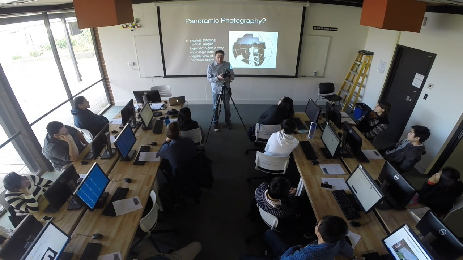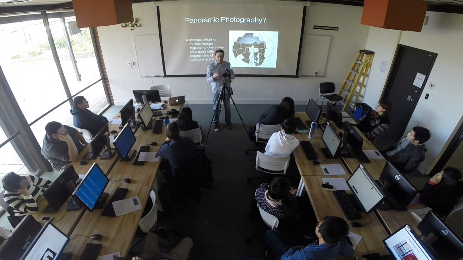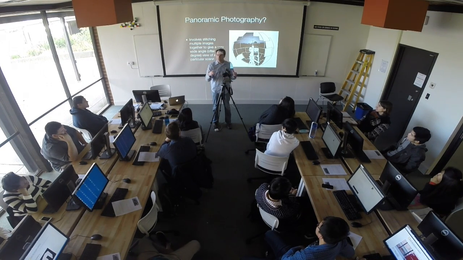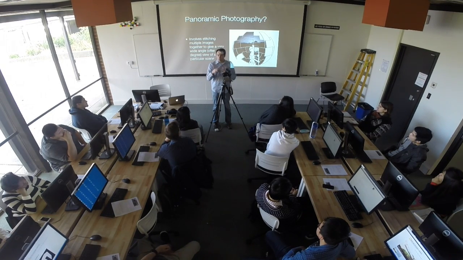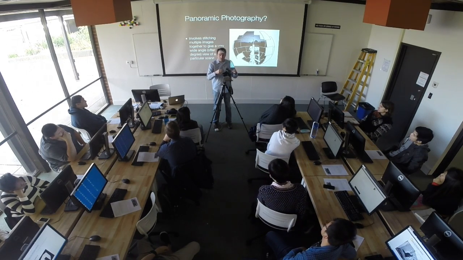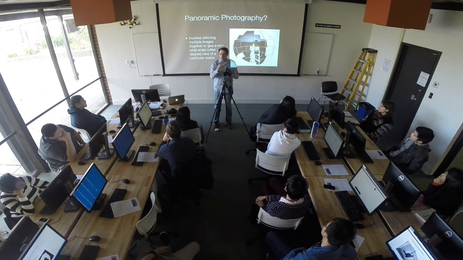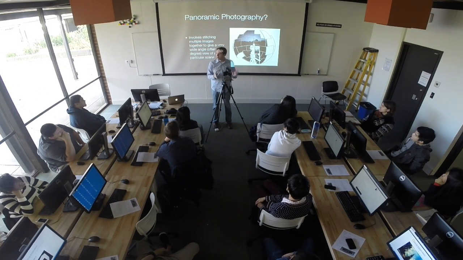One of the critical things to understand about how this works is there's a point in the lens where the image, just like in your eye, actually flips upside down. It's called the nodal point of the lens, right? The light comes into the lens, and as it passes through, it flips before it hits the sensor. That particular point is the ideal point to center a panorama around.